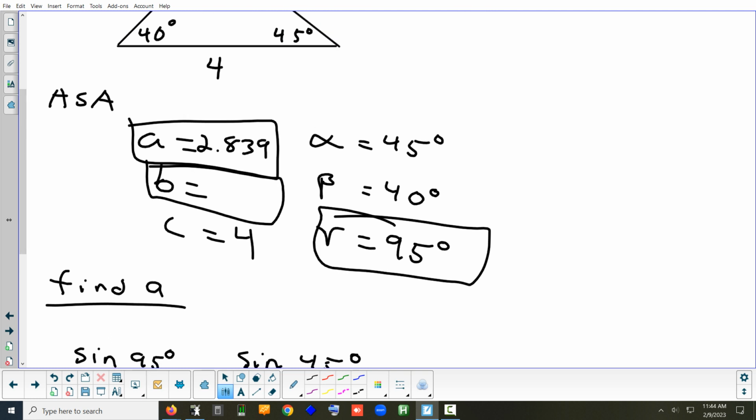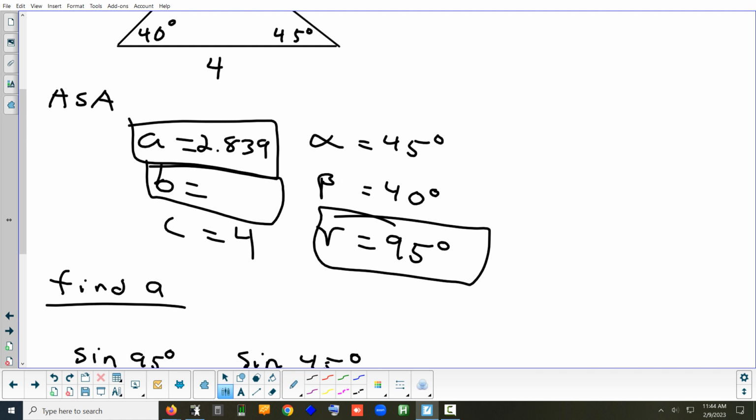Now, before we solve for B, what can you tell me about it? Just looking at what you've got. It's gonna be smaller than 4. Well, it's definitely going to be less than 4. I can be a little bit more specific than that.